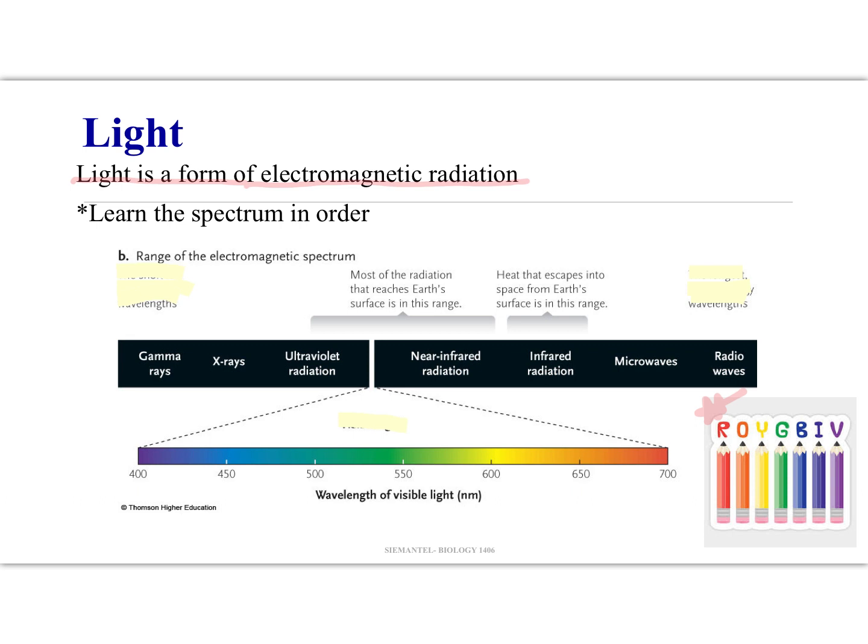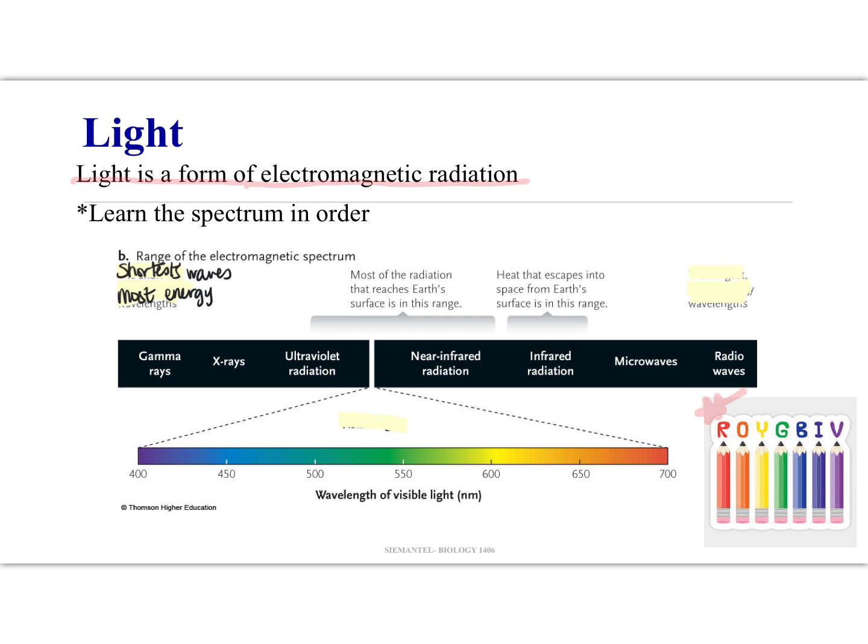Okay, so in terms of your spectrum, going from the waves that have the most energy to the waves that have the least energy, gamma rays are going to be the shortest waves, but they have the most energy. And then radio waves are the ones that have the lowest energy.